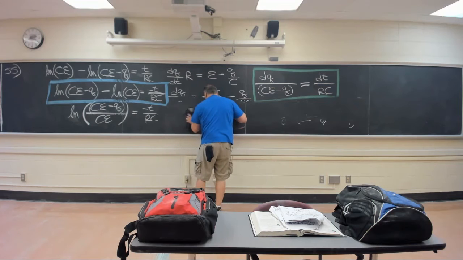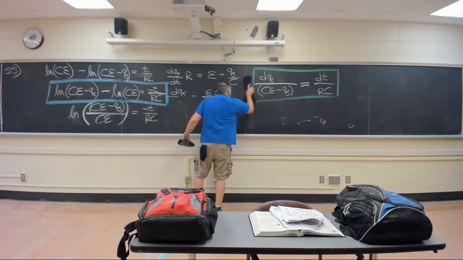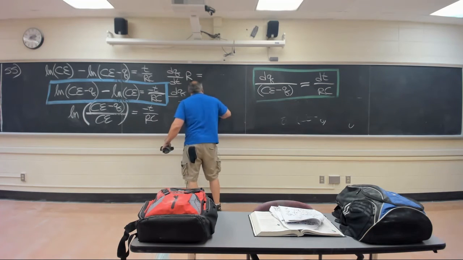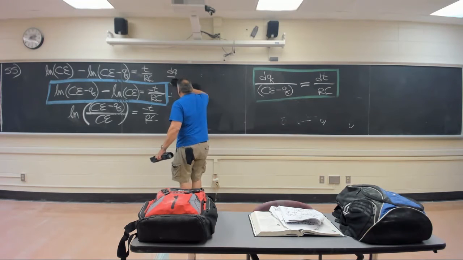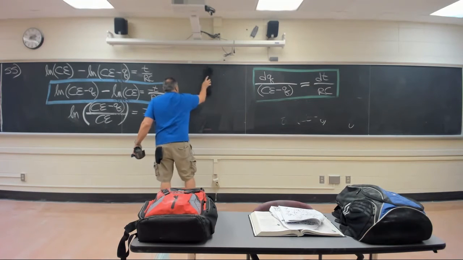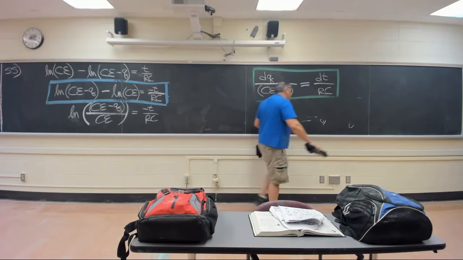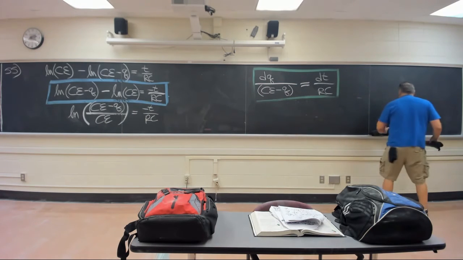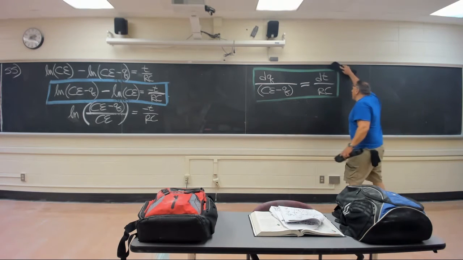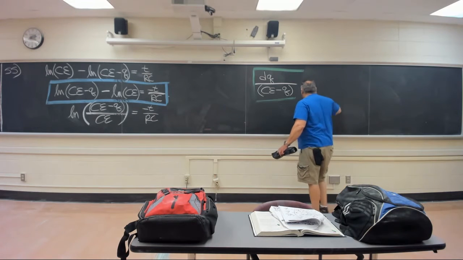Okay, let's solve for Q. Now, Q is a fluid situation. The more time that passes, the more charge we have on the capacitor. So as charge is going onto the capacitor, that's very important.